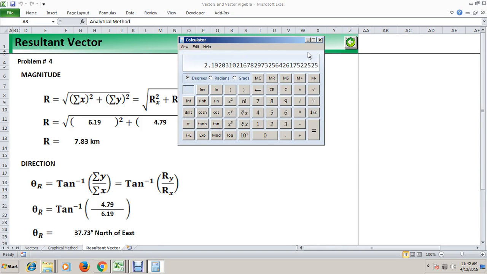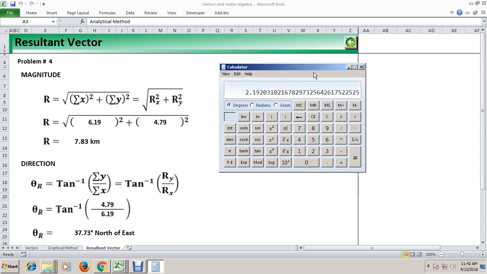Okay, so let's do that in our calculators. First you have 6.19 squared. So that's the result. We should add this with 4.79 squared.